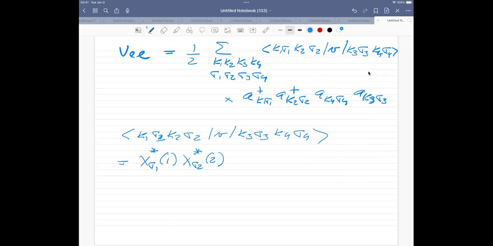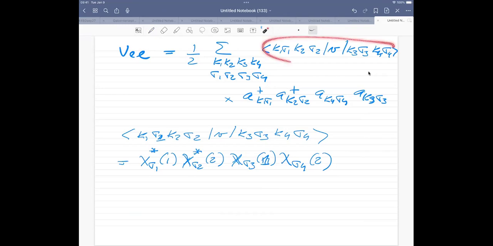And then this is multiplied with chi sigma 3, which is not an x, it's a xi, for particle 1, and xi for particle 2. So I'm just writing out what this looks like in spin space and in coordinate space. I'm just looking at the specific element, but keep in mind that we do also have a summation here over the spin values. Now, when you look at this one and that one, this clearly tells you that sigma 1 and sigma 3 have to be the same.